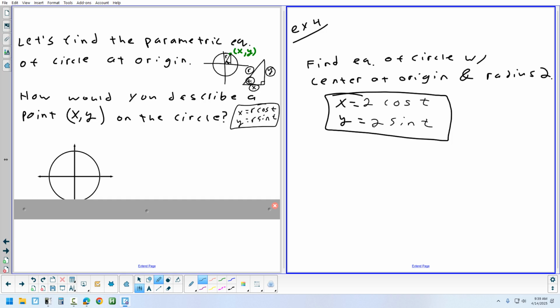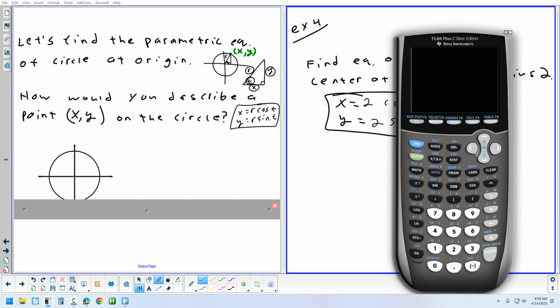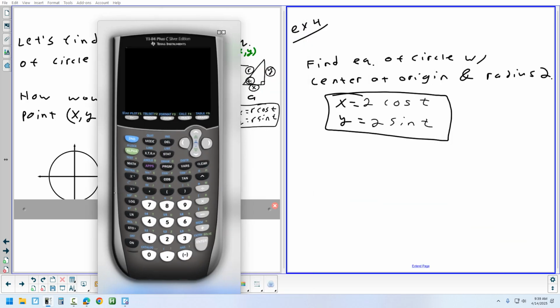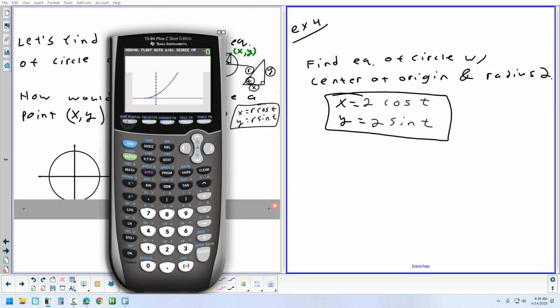Now let's graph that. So let's put in 2 cosine t and 2 sine t. So 2 cosine t describes the x position of the coordinate on a circle, and 2 sine t describes the y position. Now, we're using trig.